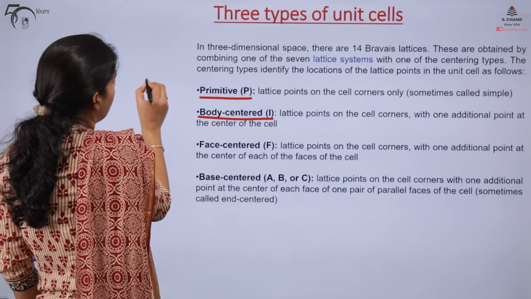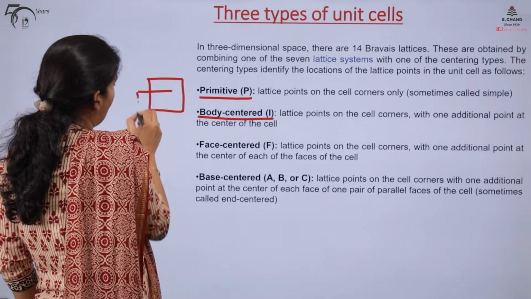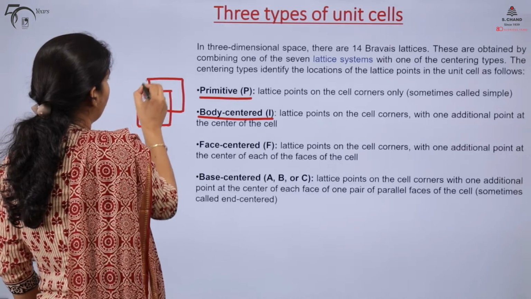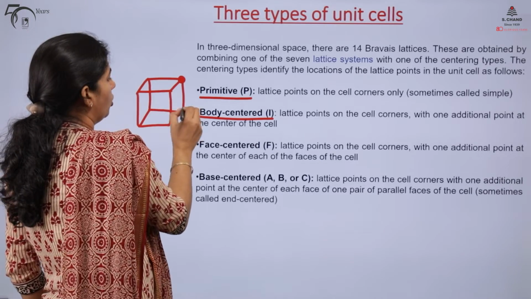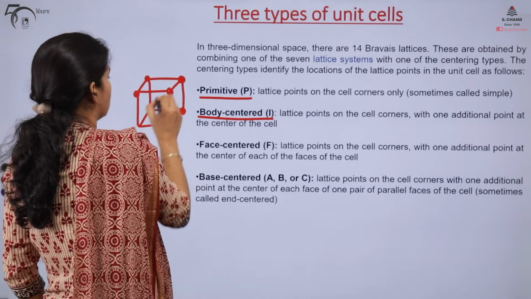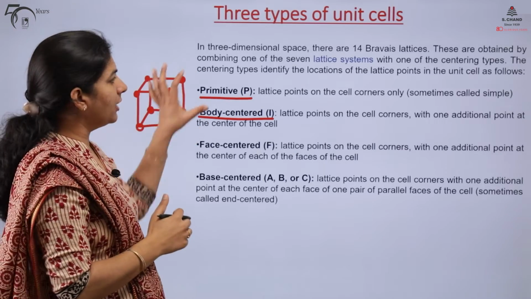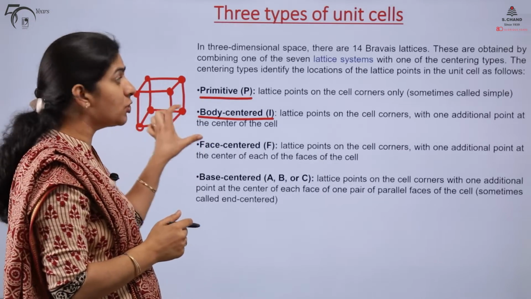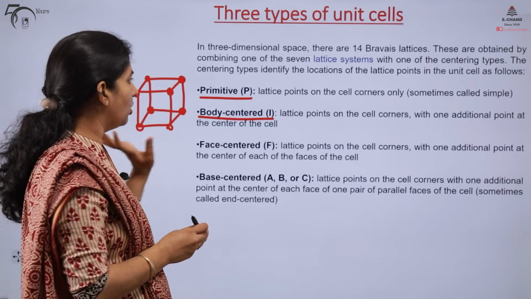So what is a simple cubic structure? Let's say we have a cube and the atoms are present at each corner of this cube. This is called a simple cubic structure. At all the 8 corners we have one atom. These are called the lattice positions, and each position is occupied by an atom or a molecule.